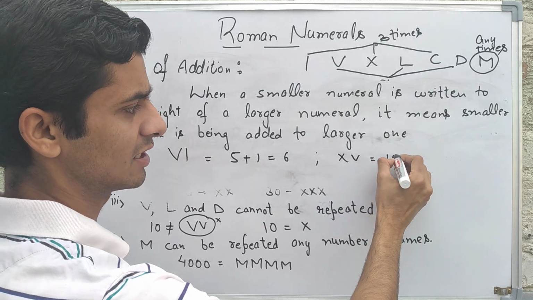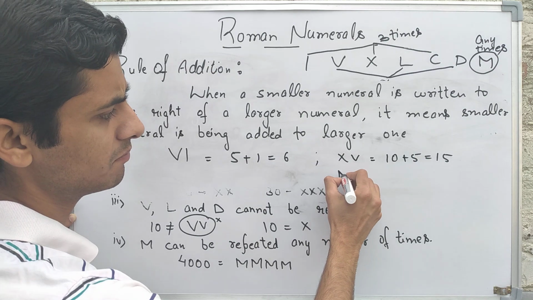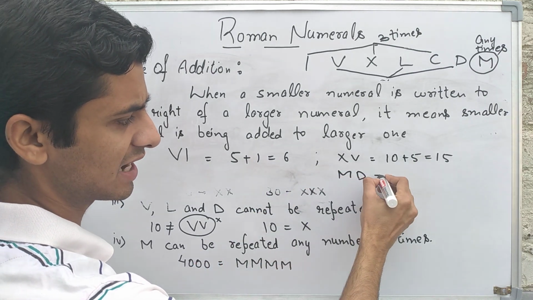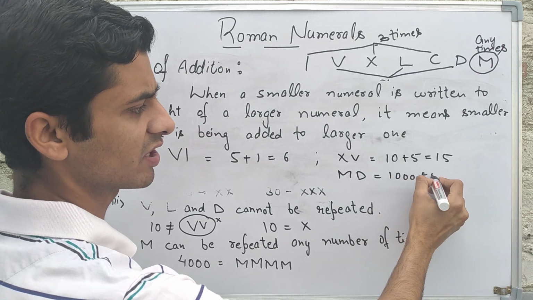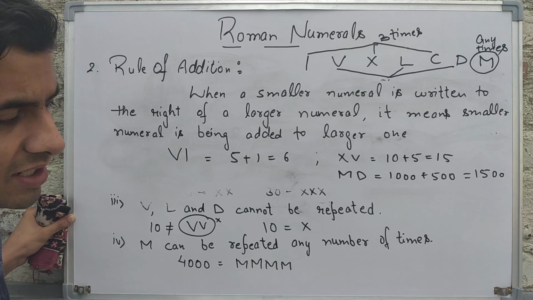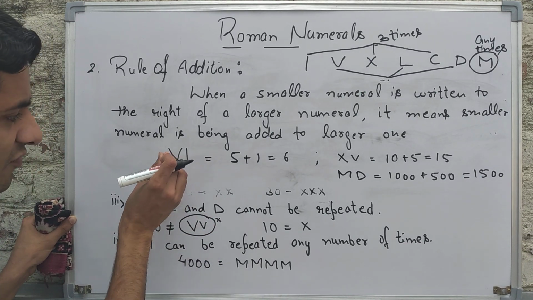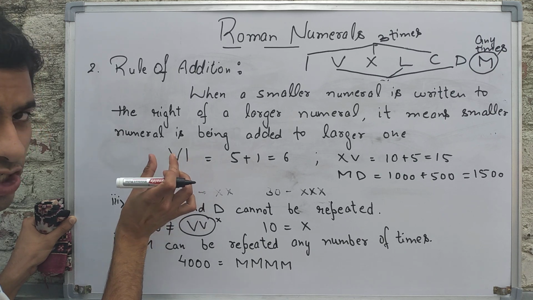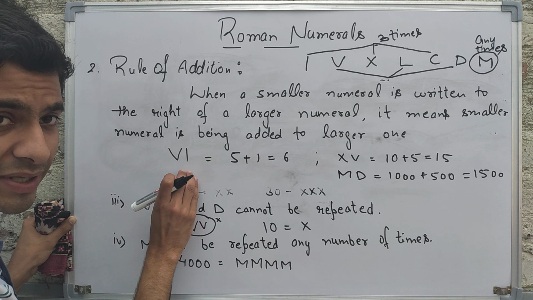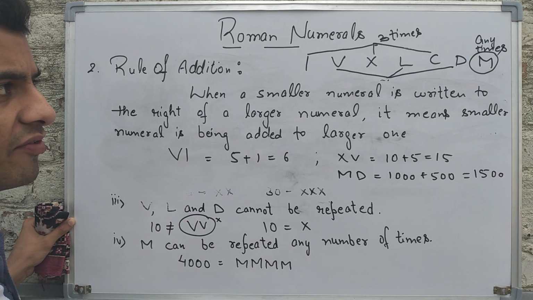What will I do? 10 plus 5, 15. Suppose I write MD, a smaller numeral after a larger numeral. M is 1000, D is 500. It symbolizes 1500. So this is the rule of addition: if you write a smaller numeral after a larger numeral, it means that the smaller numeral is being added to the larger numeral. Further, we will discuss the rule of subtraction.